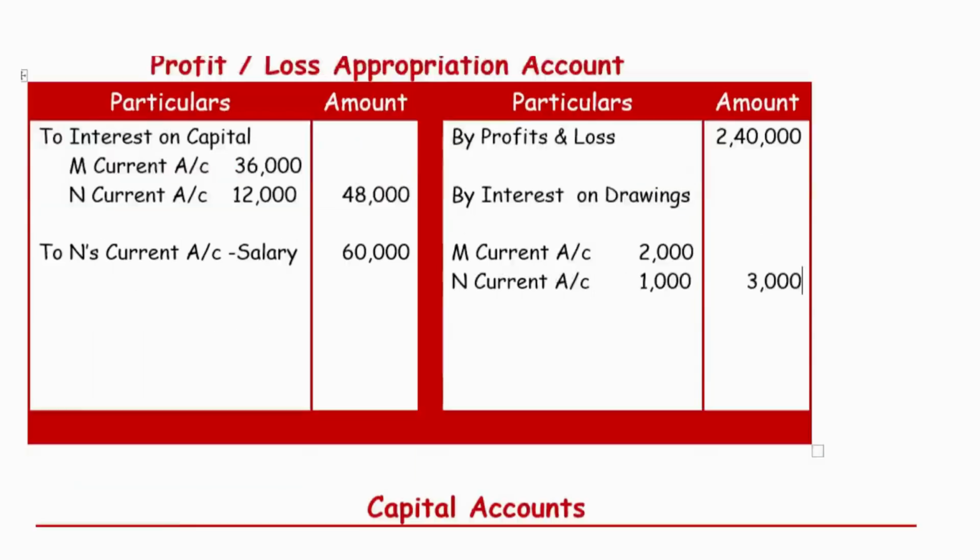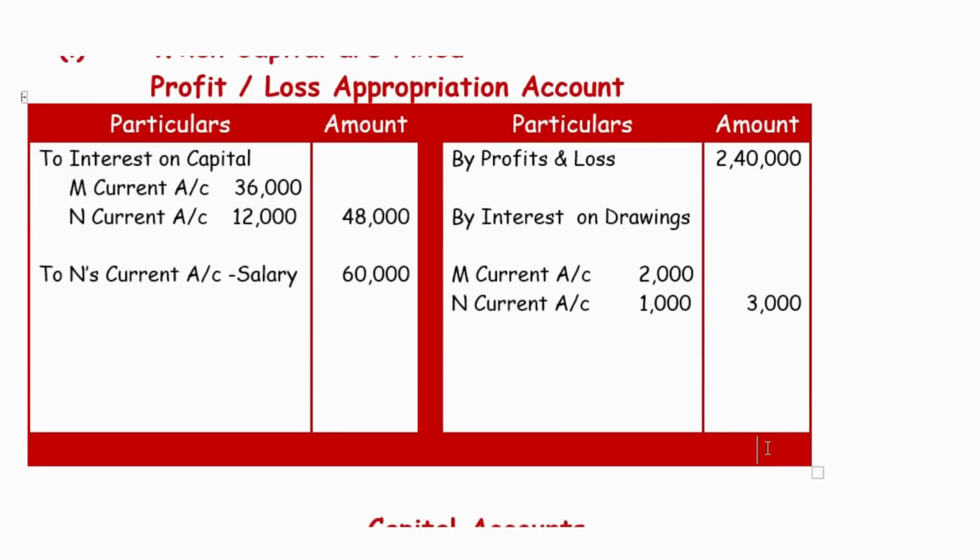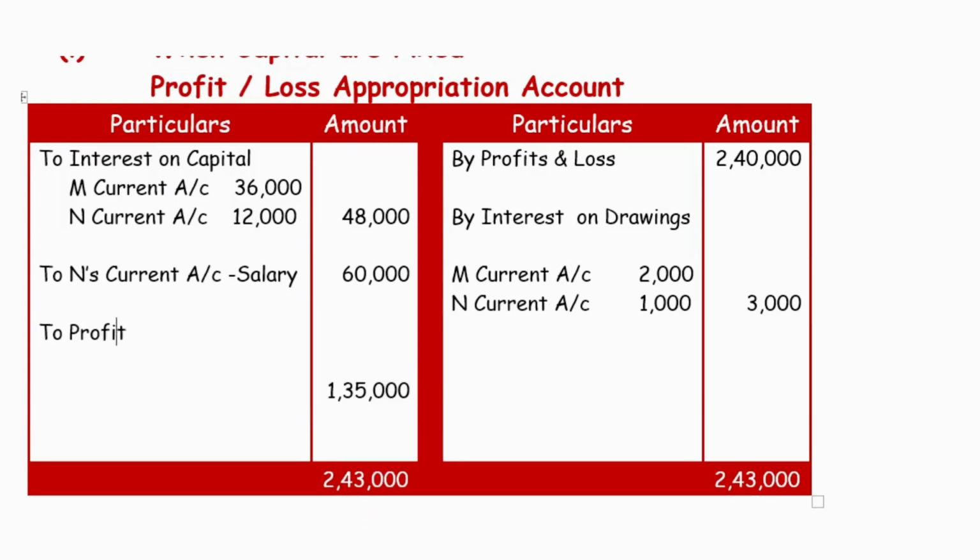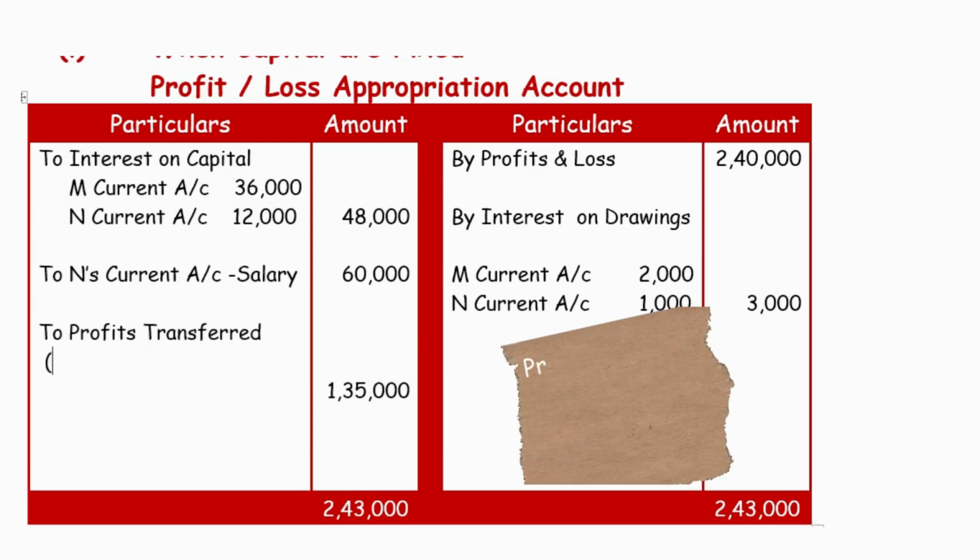So now almost all the partner sharing items are noted down. We total the credit side and balance for the debit side. It is 2,43,000. So the available balance, that is the shortage on the debit side, is 1,35,000, and these are the profits to be transferred. This question is silent about the profit sharing ratio.